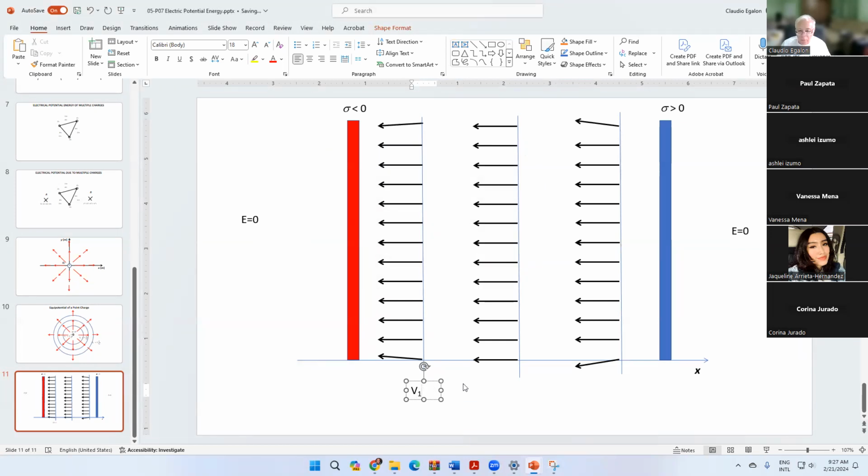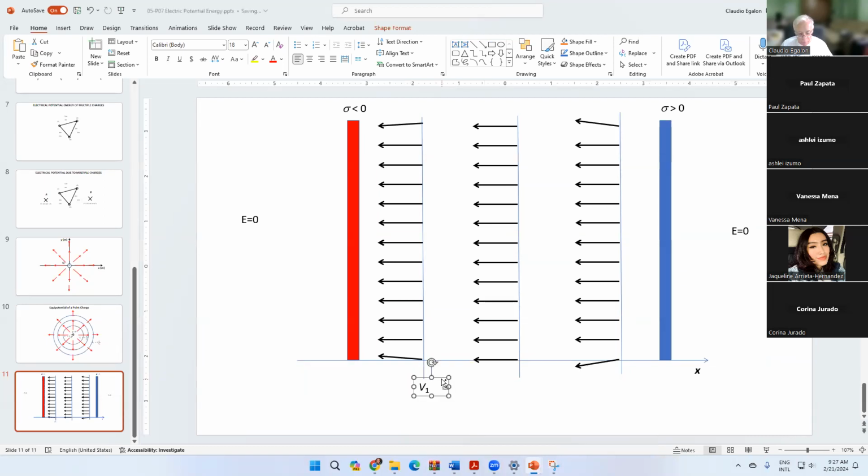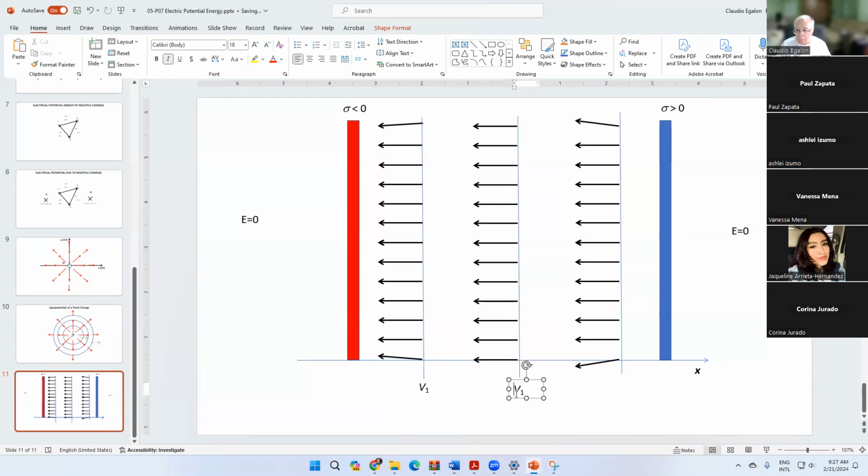Okay, equipotential V1. Equipotential V2. Okay.